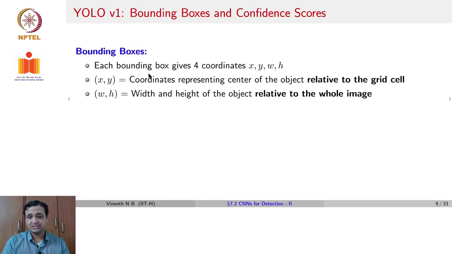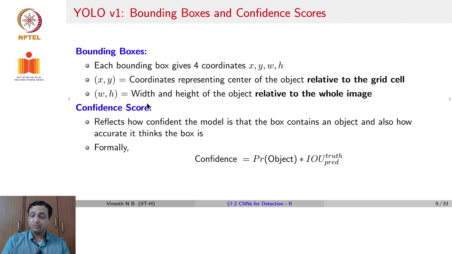So each bounding box gives 4 coordinates x, y, w, h. x, y are the coordinates representing the center of the object relative to the grid cell, and w, h are the width and height of the object relative to the whole image. And the confidence score given for each bounding box reflects how confident the model is that that bounding box contains an object, and also how accurate the box is.